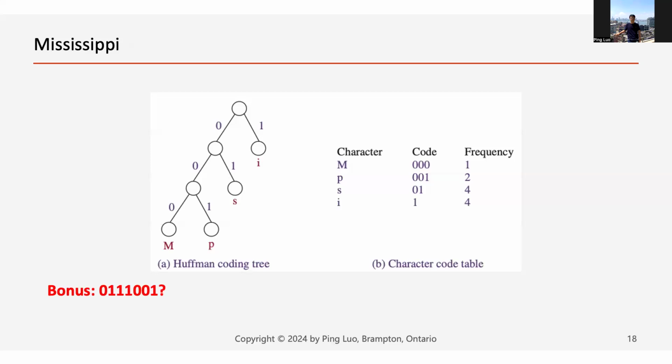So this code is just based on this tree and all this code. It's 3 characters from these 4 characters. SIP? Okay, you got it. So it's just 0, 1, S and IP. And that's it.